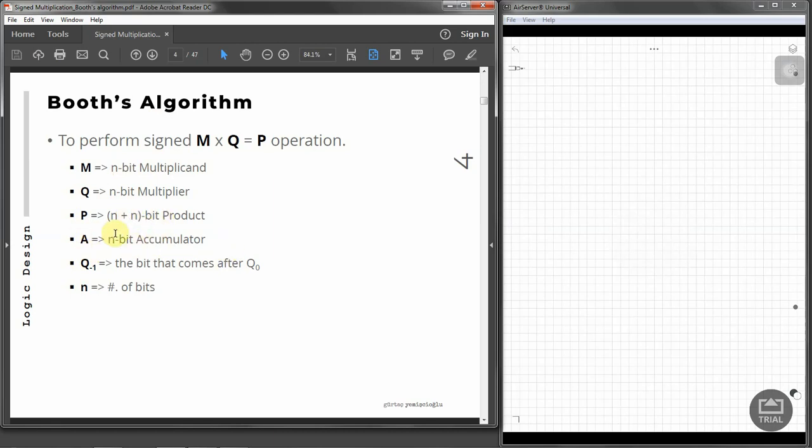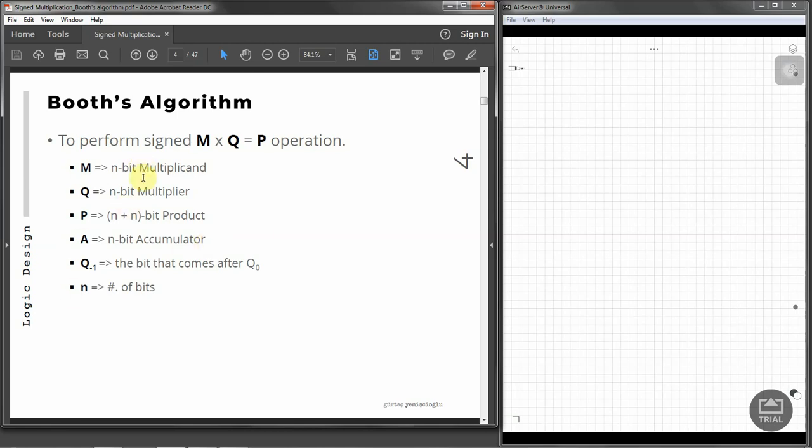The important thing here is that the multiplicand, multiplier, and the accumulator have to have the same number of bits for this operation. So for example, if the multiplicand is 3 and the multiplier is 2, we have to make the multiplier 3 bits as well, and the accumulator has to have the same number of bits as well.